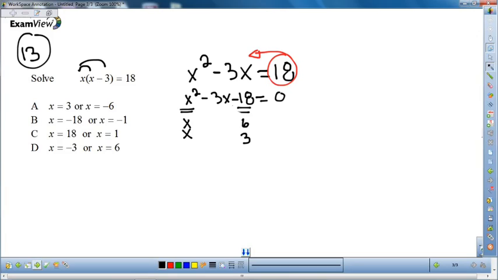Since it's negative, one of them has to be negative, the other one has to be positive. Since it's equal to 0, we're going to set both of them equal to 0. And we're going to move the 6, and then move the negative 3. So we get x equals 6 and x equals negative 3.